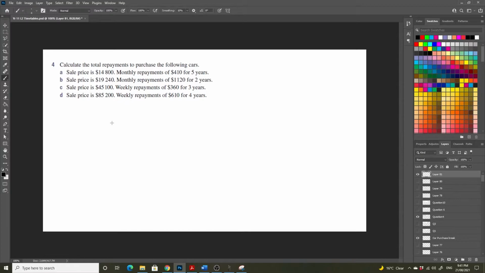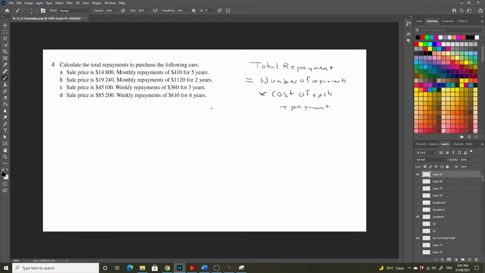So any total repayment is going to be equal to the number of repayments multiplied by the cost of each repayment, which makes logical sense.